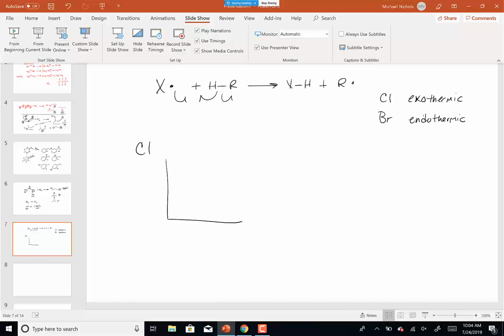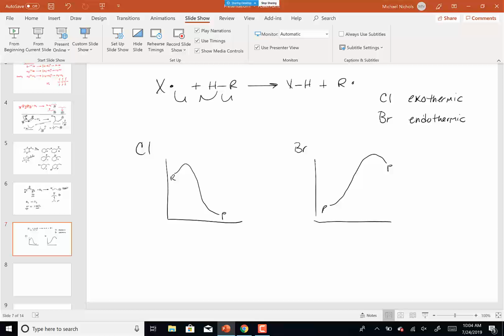my step is going to look like this. And when I do bromine, my step is going to look like this. And how do I know that? Because this is my reactant, this is my product, and that's really not the case, right? The product's going to be the intermediate radical.